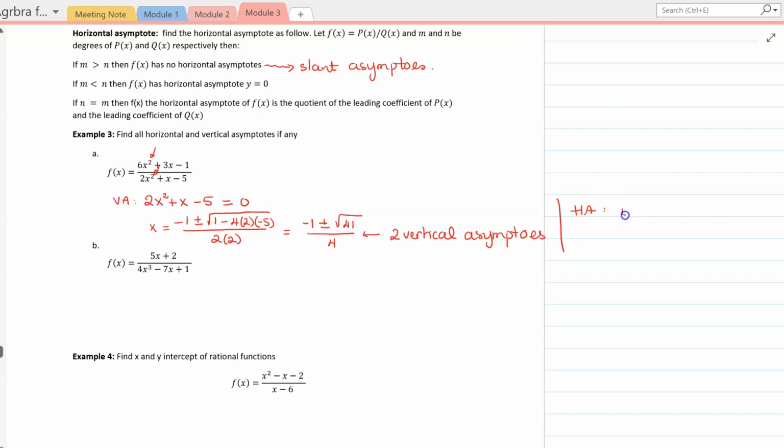So the horizontal asymptote is determined by the leading coefficient of the numerator divided by the leading coefficient of the denominator. So that is your horizontal asymptote.